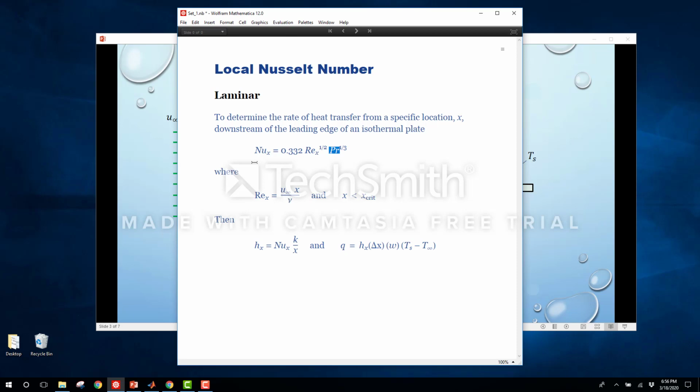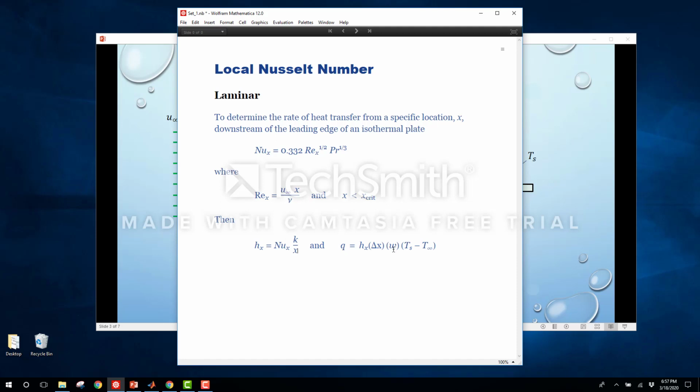We can then calculate the Nusselt number, and then once we have the Nusselt number, we again would multiply it by k, a fluid property that is also based upon the film temperature, divided by x. So this is the location of interest. That would give us a local heat transfer coefficient, and from that we can then get the heat transfer. In this case, I'm going to multiply h sub x by the area, in this case delta x times the width of the plate.